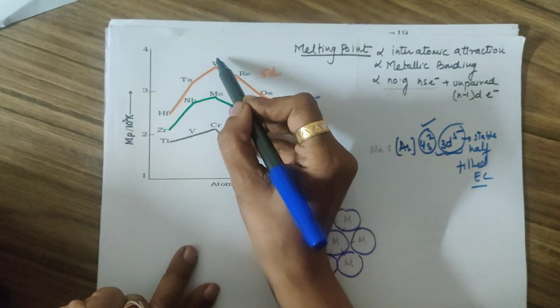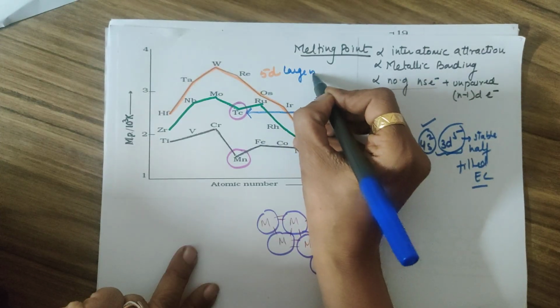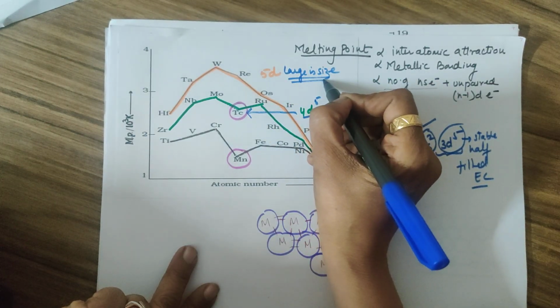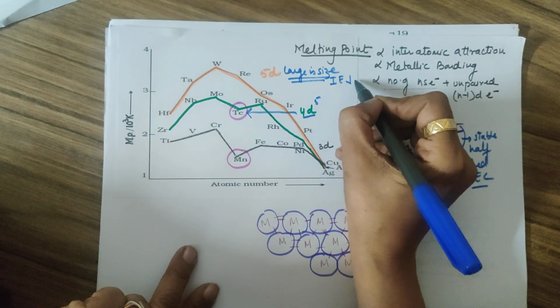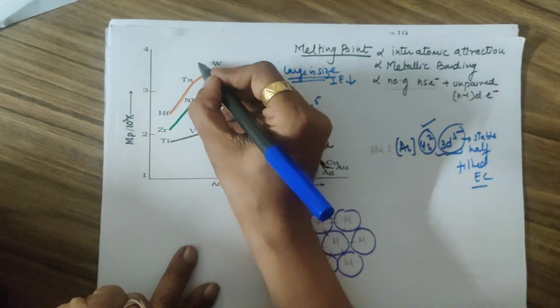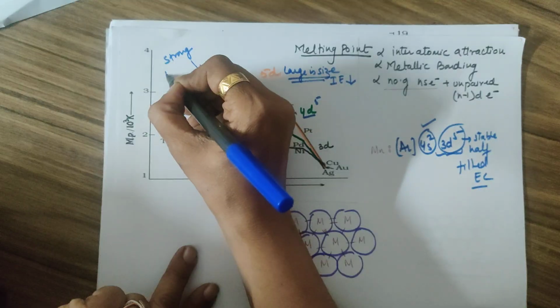Now when we talk about the 5d series, this is the series large in size. If it is large in size, ionization energy is low, meaning electrons can easily be used up for metallic bonding. So the last series has strong metallic bonding.